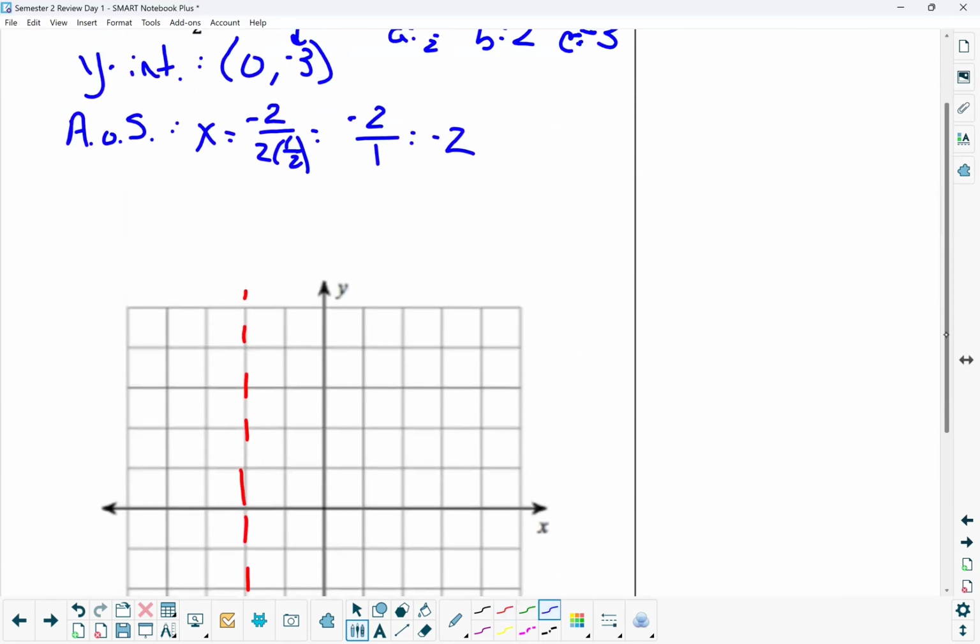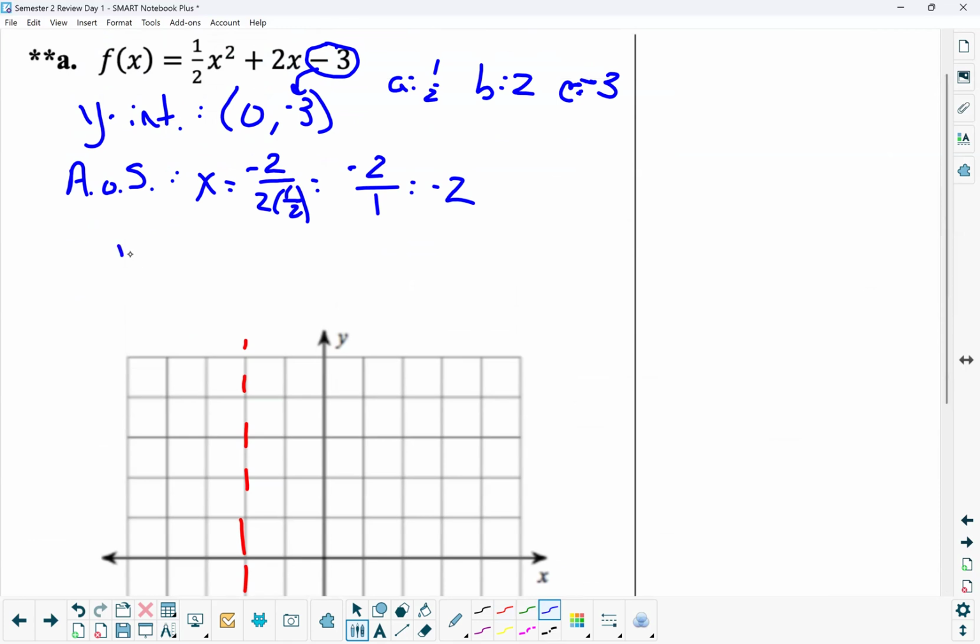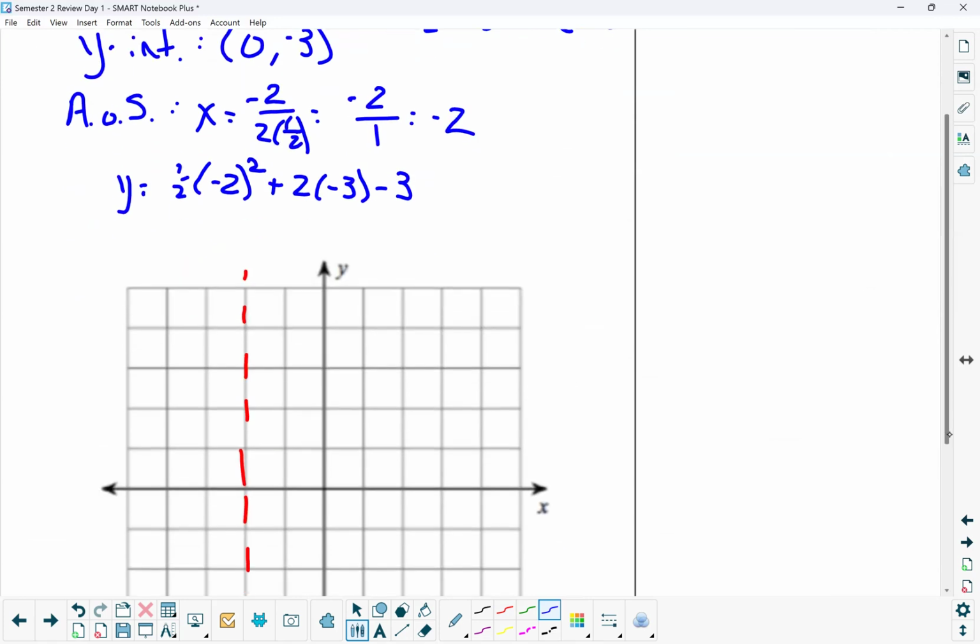The vertex. Mr. Gingrich wrote it wrong here. 2 times negative 2. There we go. Minus 3. So again, order of operations. We square the negative 2. Negative 2 squared is positive 4.